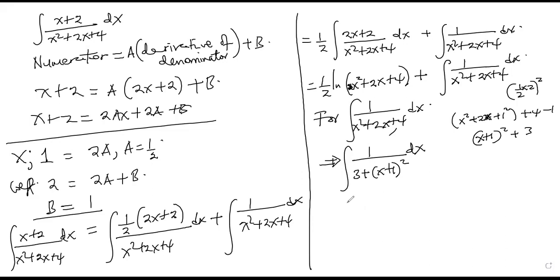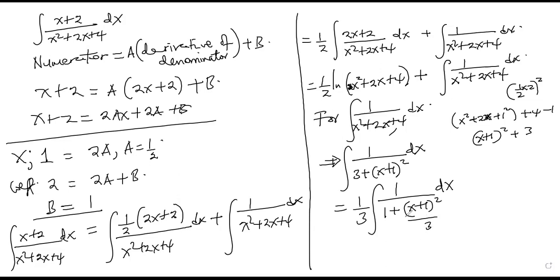Of course, you cannot work on this integral when this one is not a 1. So we have to factorize out a third. So it's going to be a third integral of 1 over, here we are left with 1, then x plus 1 squared out of 3 dx. For us to bring in the tan theta aspect, we have to ensure that this one here is also a square, and you don't change the meaning.